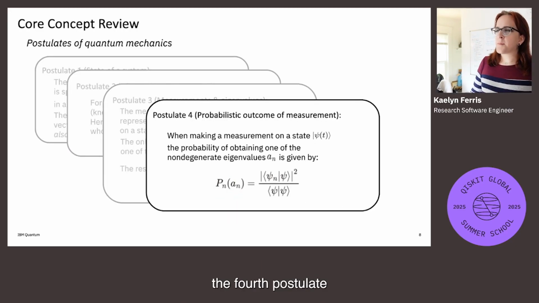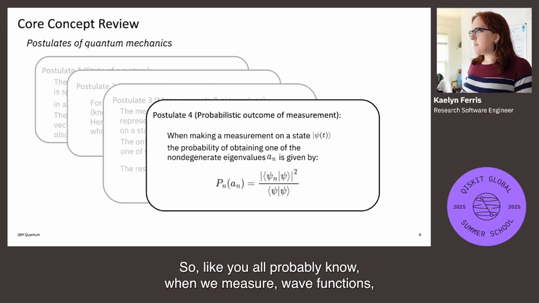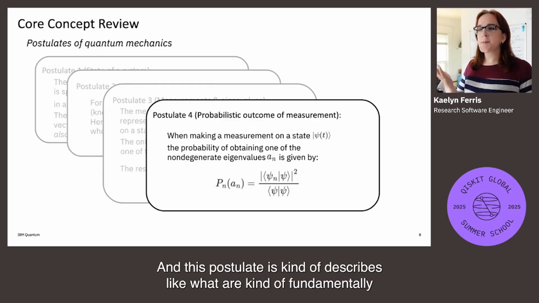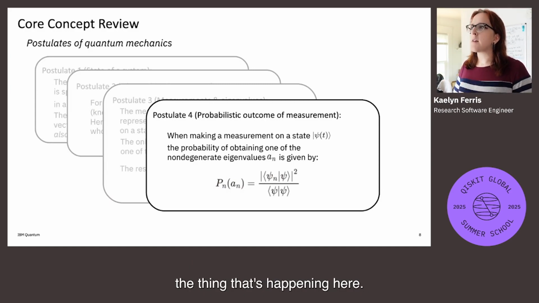The fourth postulate is this idea of the probabilistic outcome of measurements. Like you all probably know, when we measure wave functions, there is a probabilistic or statistical nature to them. And this postulate describes what is fundamentally happening here.